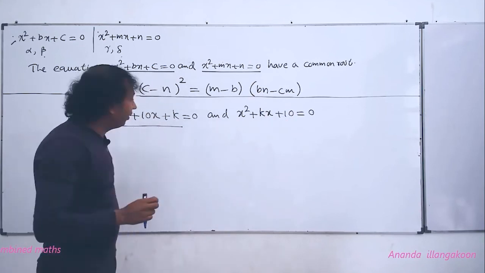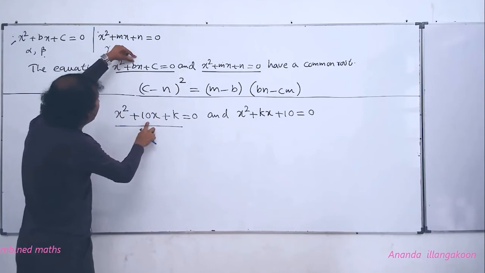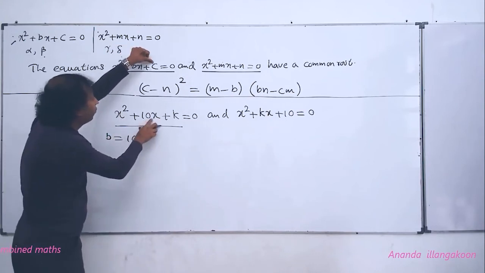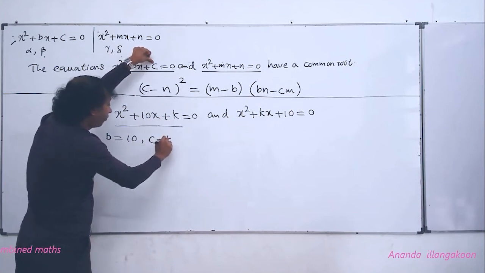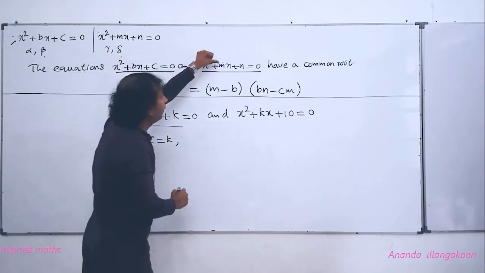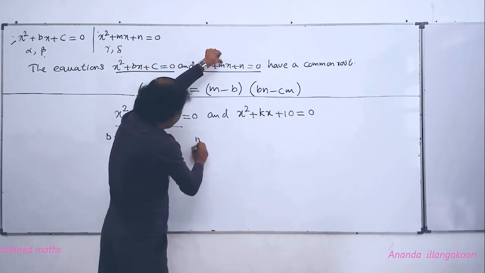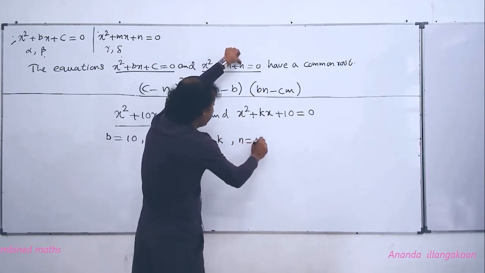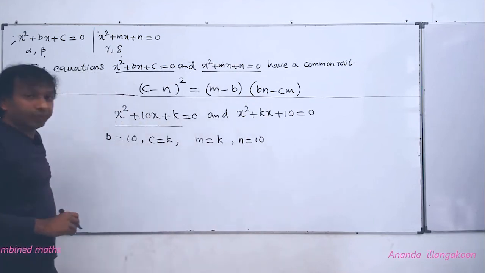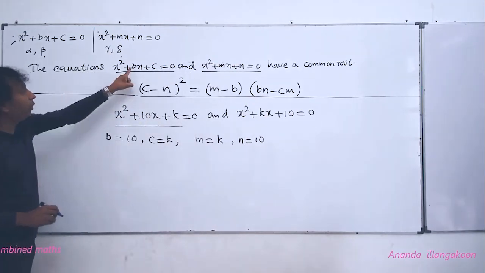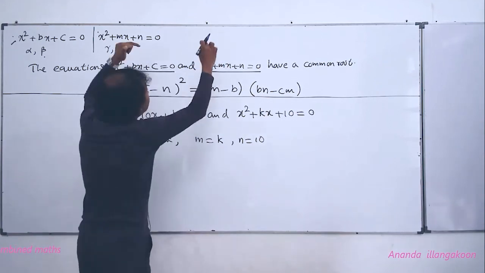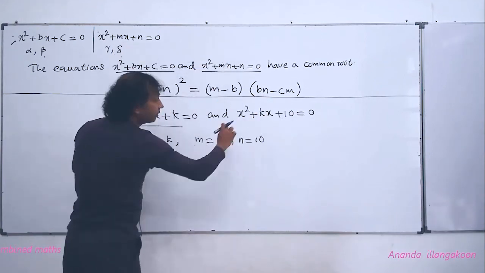Right. Then we can compare this and determine b is 10 here, c is k. And here m is k, n is 10. Right. Okay, no? Once we give these values for this and this, by these two equations, we get this.